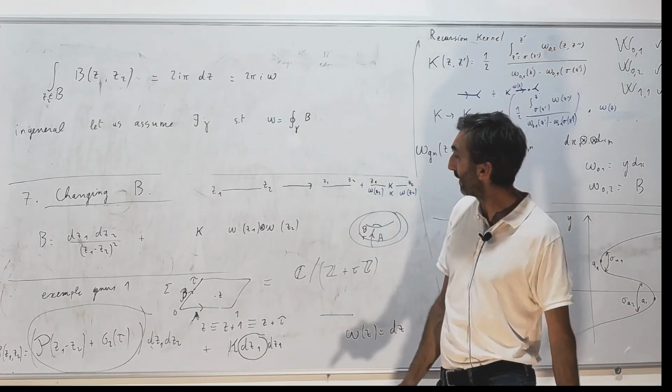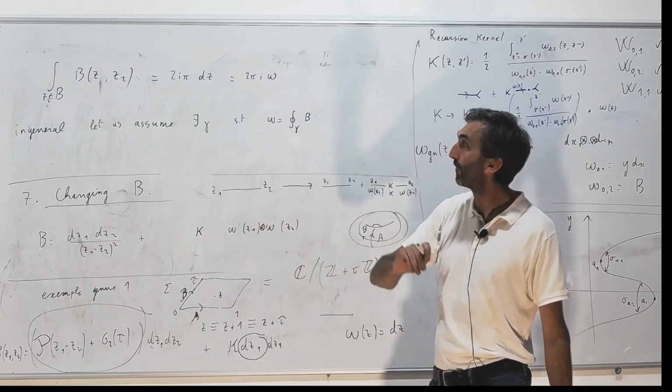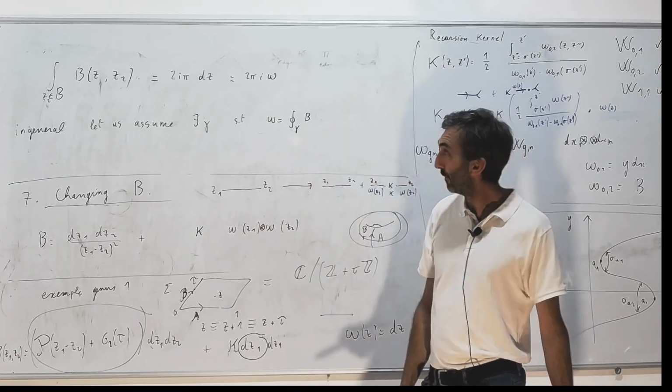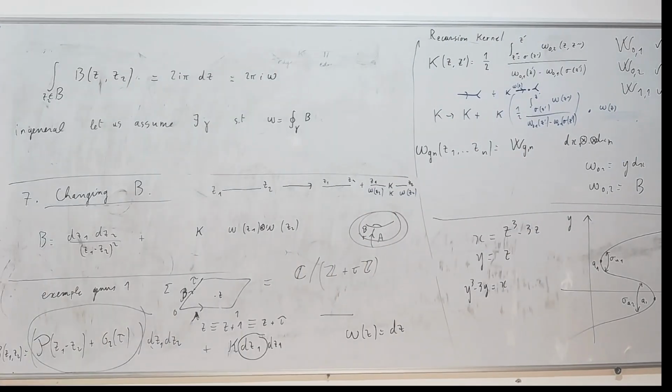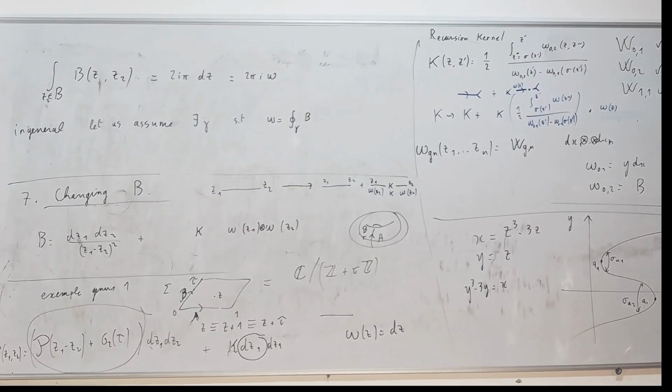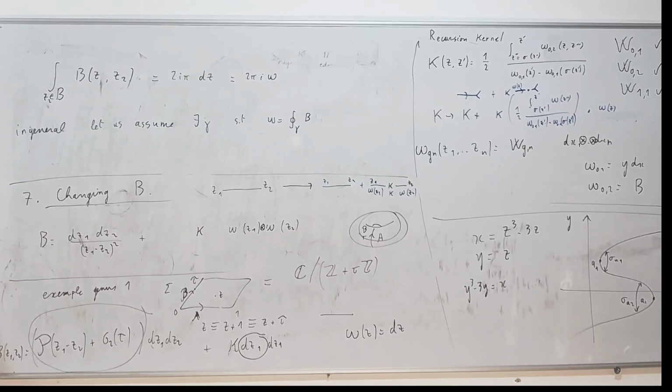So here in our example, gamma was the B cycle. In my graphical representation, this omega was an integral over some gamma of the B. On one of the two ends it is integrated on gamma, and the other end is the one that will be there. So somehow z is there, and here this variable you integrate on gamma.